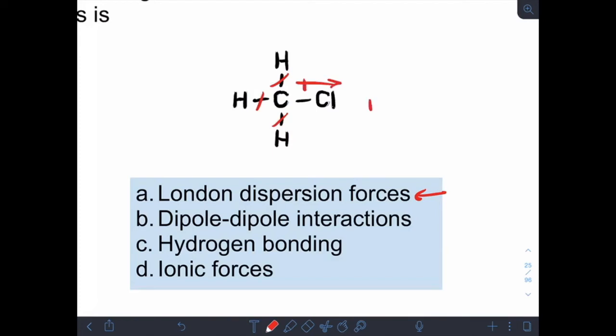So we have a polar molecule. If yes, then you have dipole-dipole interactions. Do we have a hydrogen bonded directly to an oxygen, nitrogen, or fluorine? The answer is no. And do we have any ions present? The answer is no. So between London dispersion and dipole-dipole interactions, dipole-dipole wins.